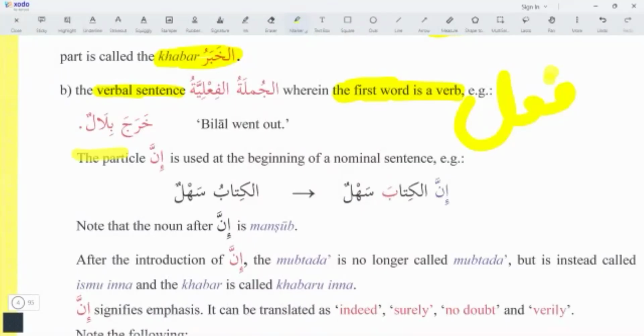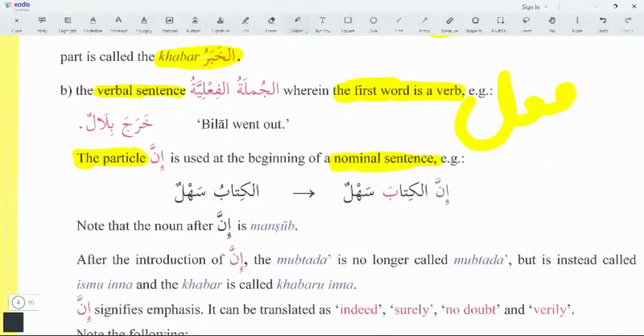The particle inna is used at the beginning of a nominal sentence, in the jumlatul ismiyah.